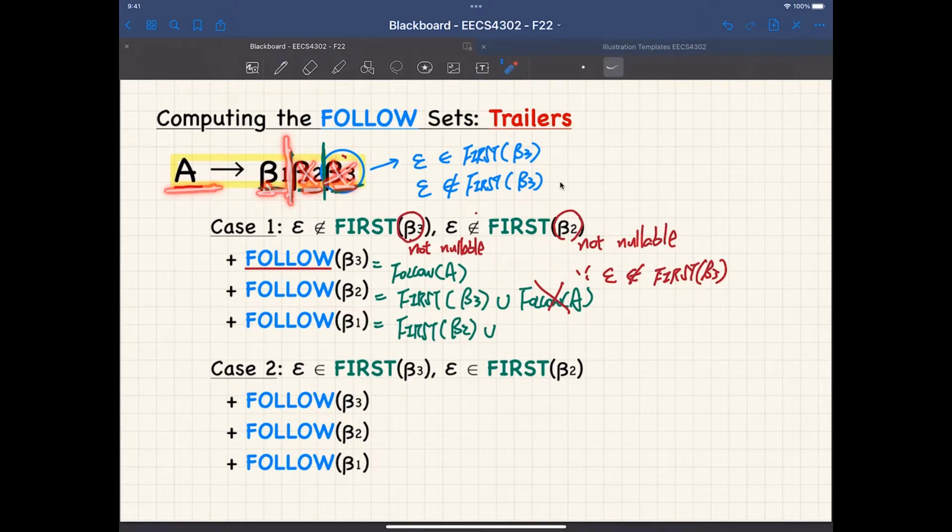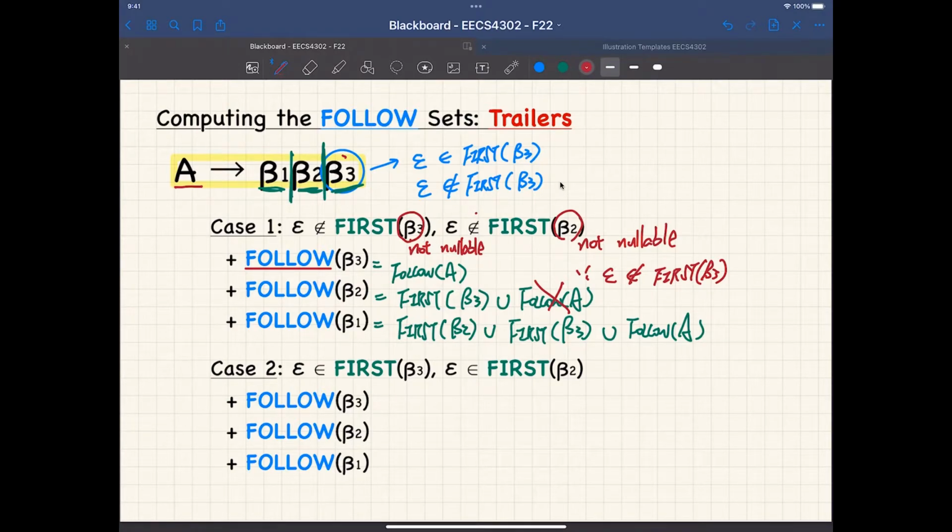Right? That's the maximum we can get. Okay, let me write them down. But these two are not really applicable for this case. I'll explain why. It can be union with either the first of beta 3 and also union with the follow of A. That's the maximum you can get.